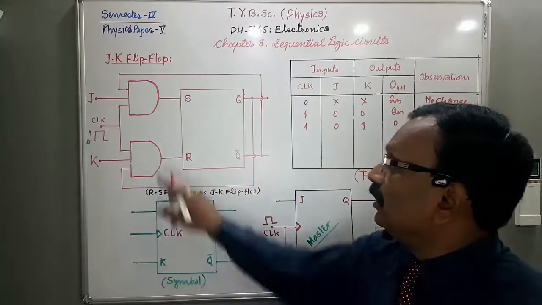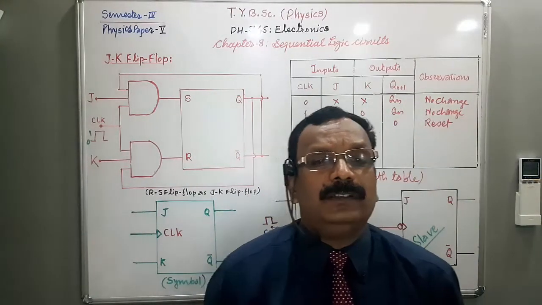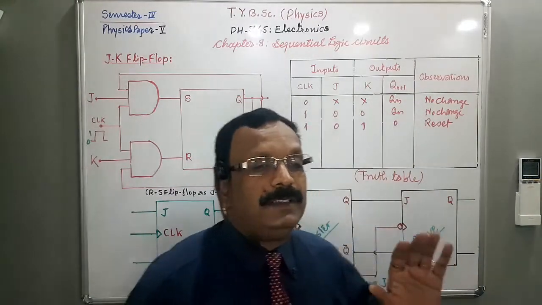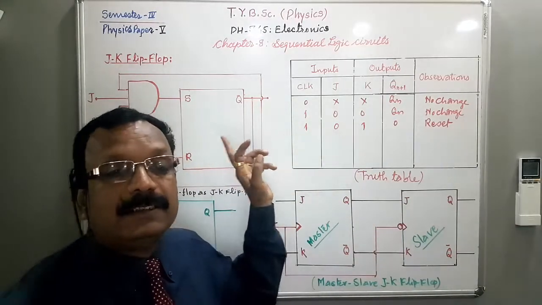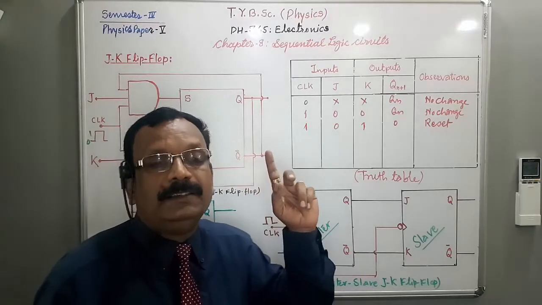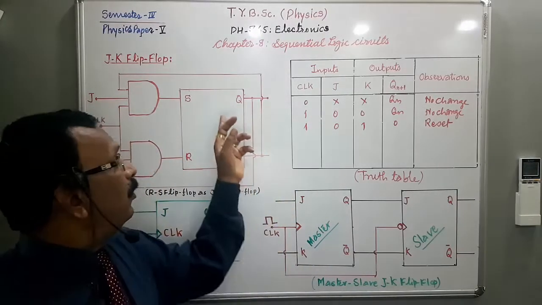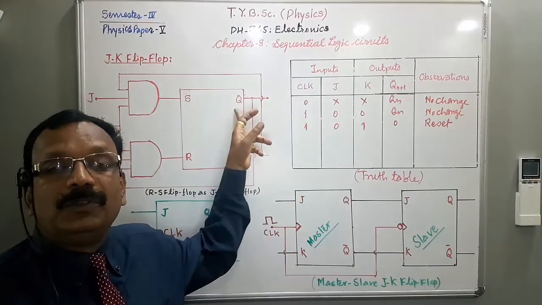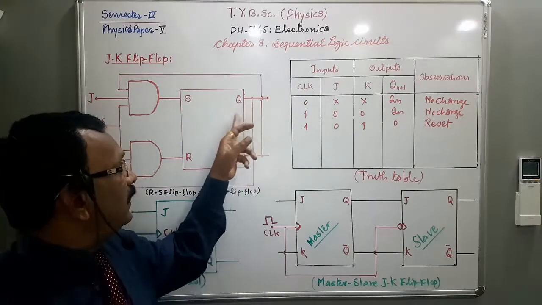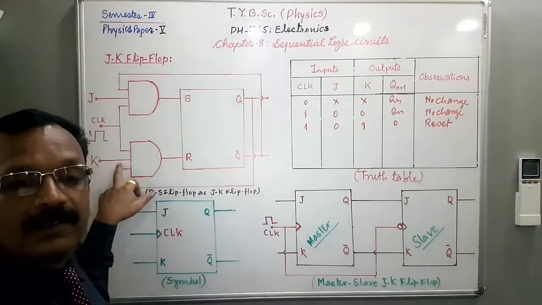When J is equal to 0, the upper AND gate is disabled, so it is not possible to set the flip-flop because Q is equal to 0. And the lower gate passes the output to here.